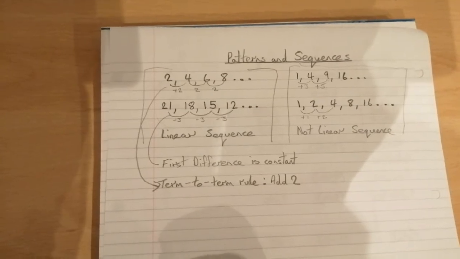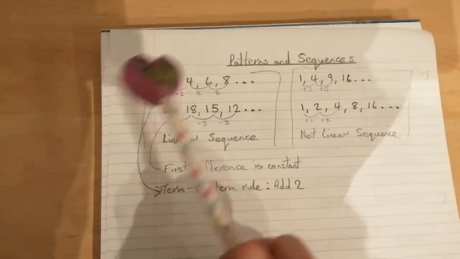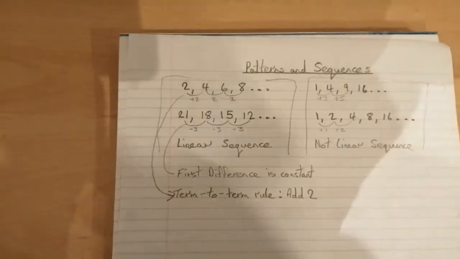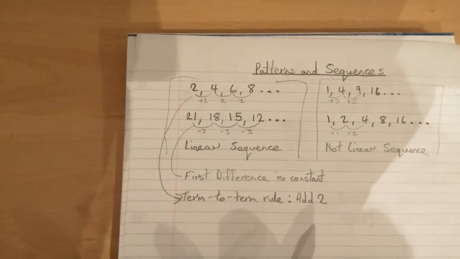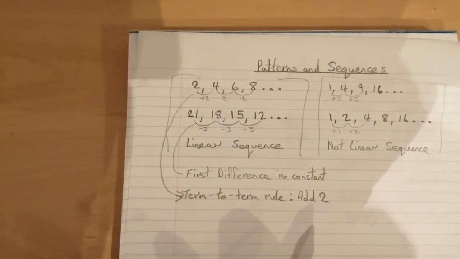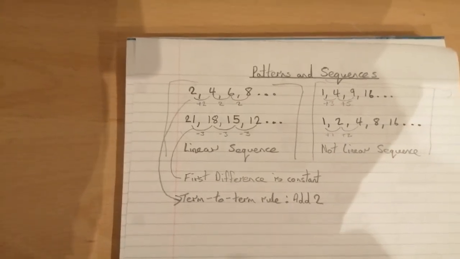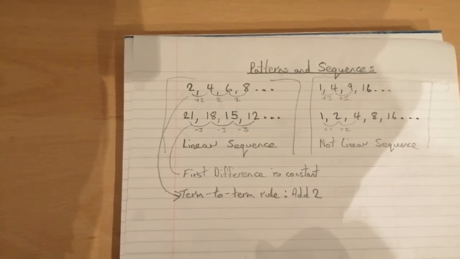The next thing we want to talk about is coming up with a type of formula that describes these sequences. And this is where it gets, I suppose, a little bit similar to functions as well. We're looking for almost like a function to describe these linear sequences. But we have a different language that we use for patterns and sequences.